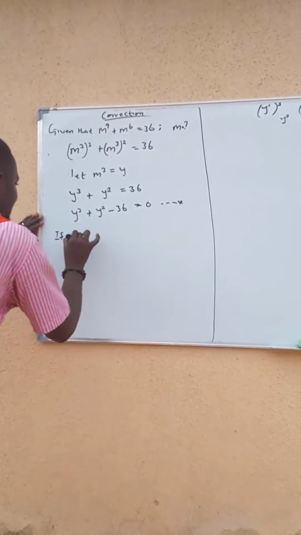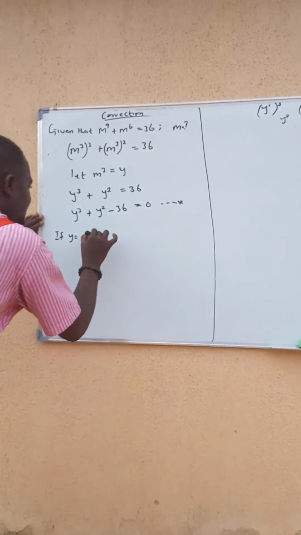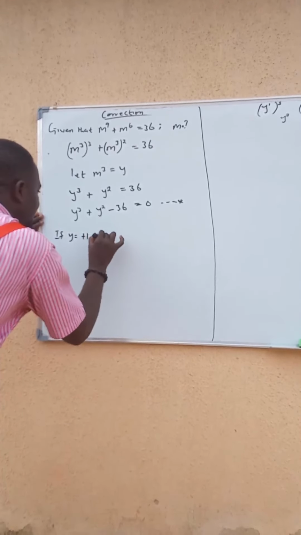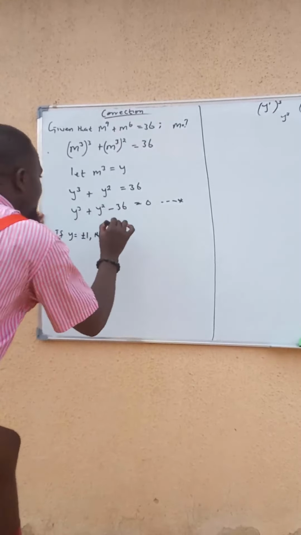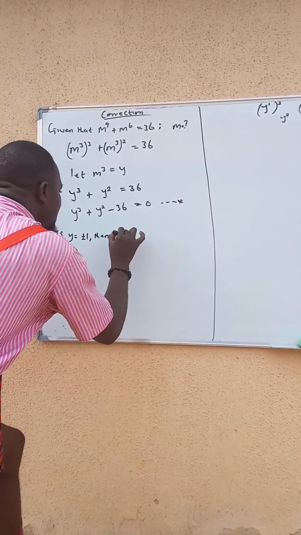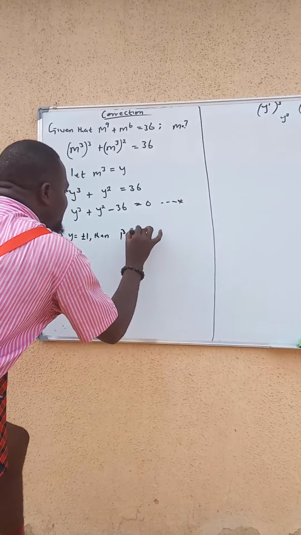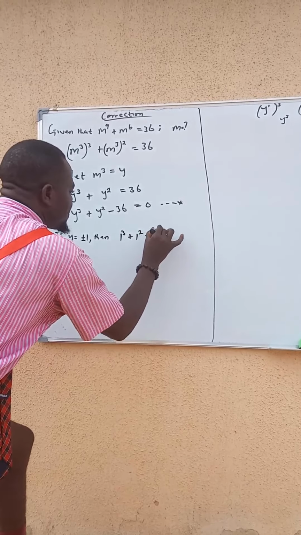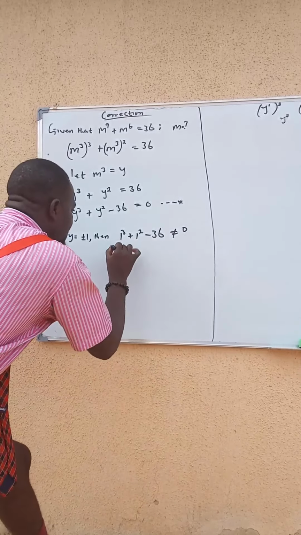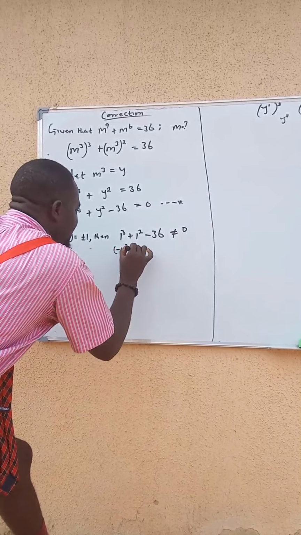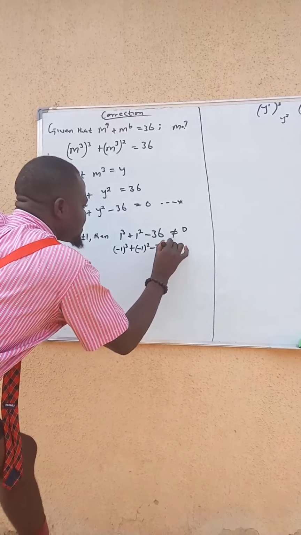If y is equal to plus or minus 1, I'll check: 1 raised to power of 3 plus 1 raised to power of 2 minus 36 is not equal to 0. Minus 1 raised to power of 3 plus minus 1 raised to power of 2 minus 36 is not equal to 0.